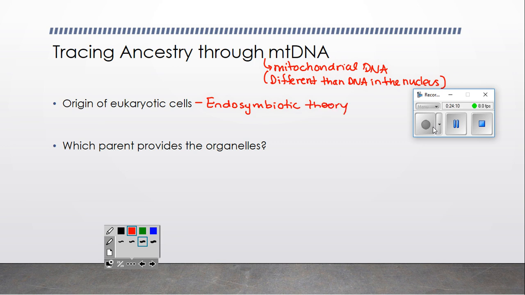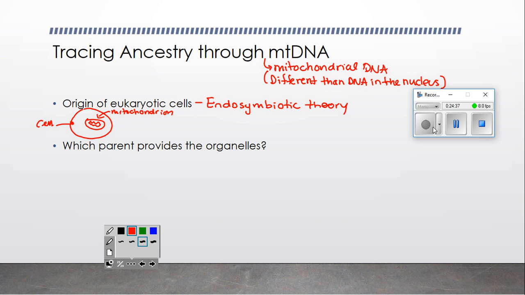If you remember Bio30E and the topic of evolution, I know I always briefly mention this one in my class. The endosymbiotic theory says that if we're talking about a eukaryotic cell that has a mitochondria in it, this is my really good drawing of that. So here's the cell, here's the mitochondrion.